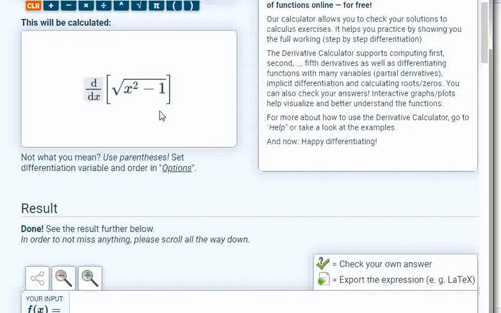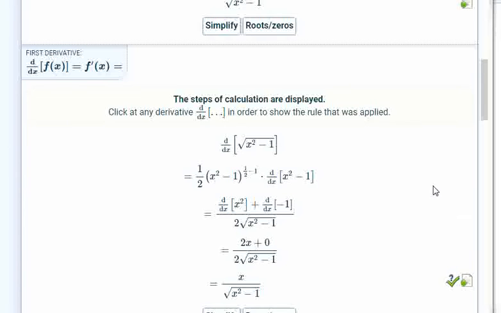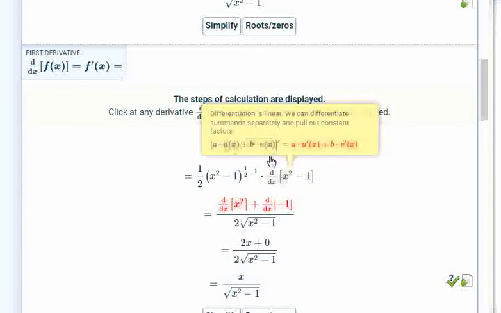Half square root of x squared minus 1, which is a half multiplied by x squared minus 1 to the half minus 1, multiplied by the derivative of x squared minus 1.